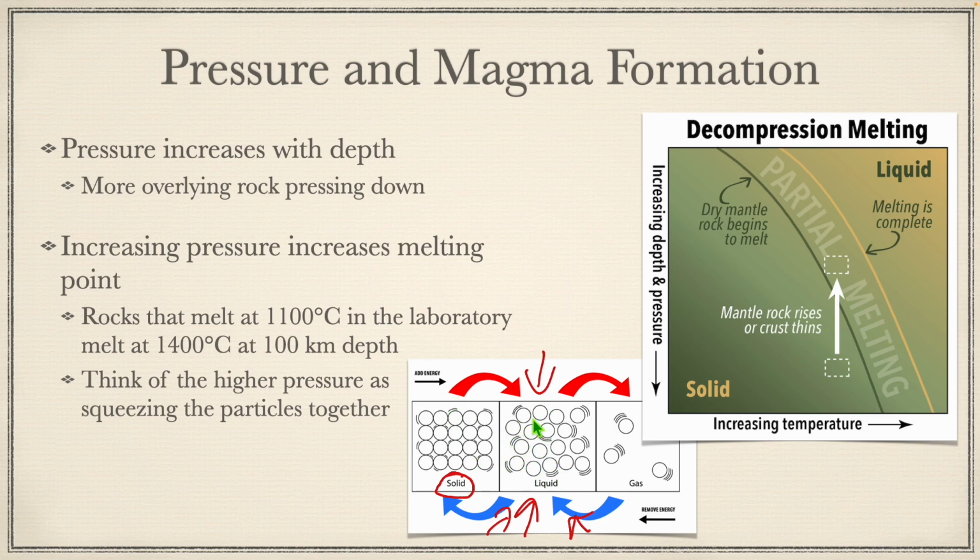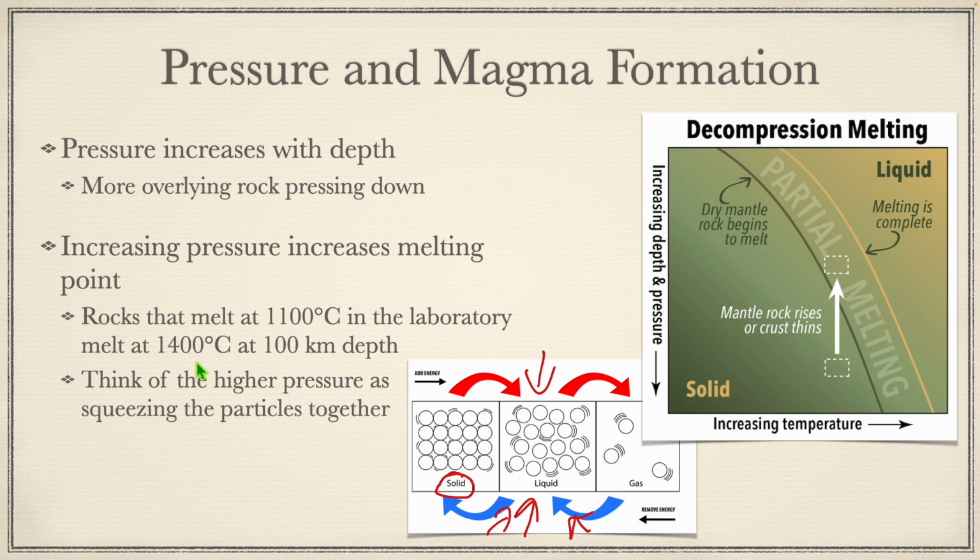If you are squeezing in and applying a lot of pressure, it makes it harder for them to move around each other, so it increases your melting point. Rocks that melt at 1100 degrees Celsius in the laboratory melt at 1400 degrees Celsius at a depth of about 100 kilometers. So the deeper you go into Earth's crust, the higher the melting point.